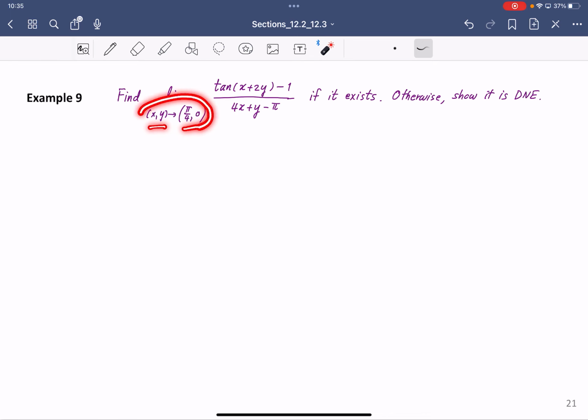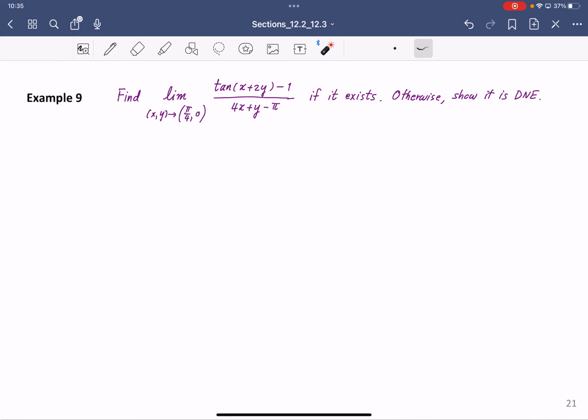This is interesting because pi over 4 and 0 is a point we are not familiar with. And then we have tan x plus 2y minus 1 over 4x plus y minus pi. Find it if it exists. Otherwise, can you show that it does not exist?